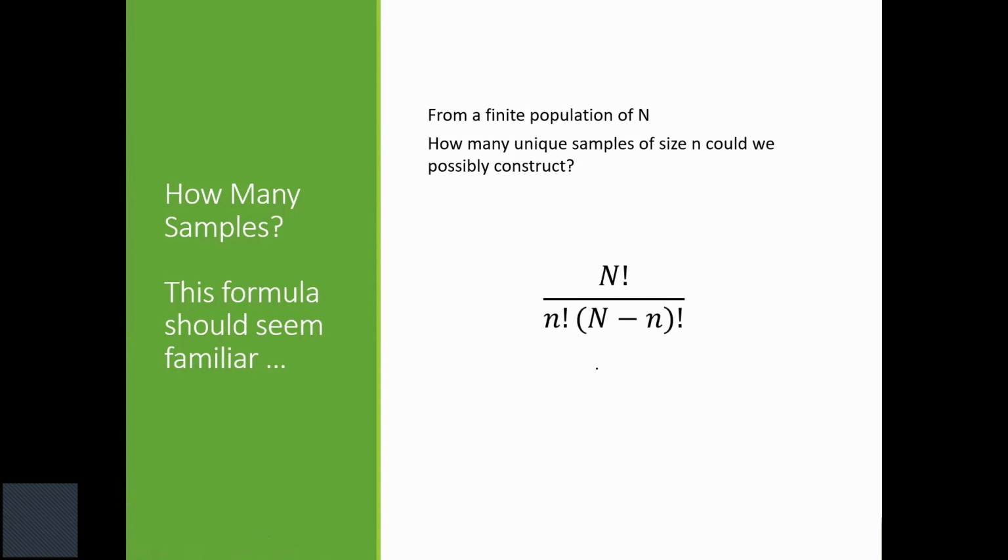And in the binomial, we had it in the form n factorial over x factorial n minus x factorial, where x was the smaller number and n was the larger number.